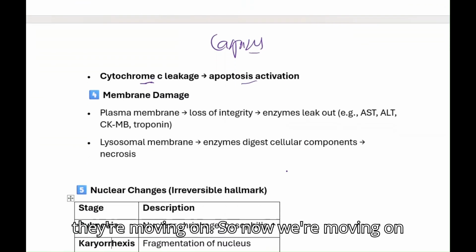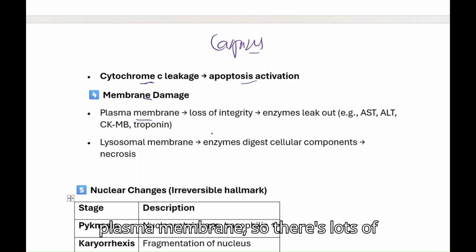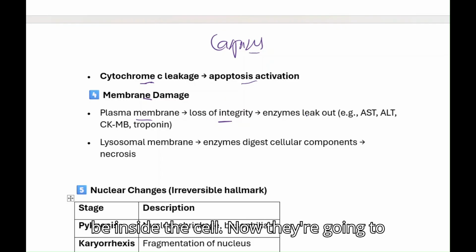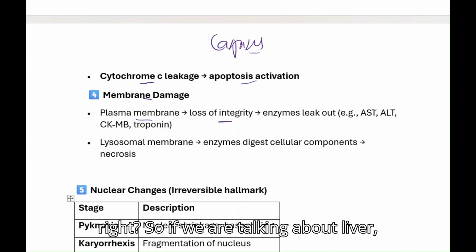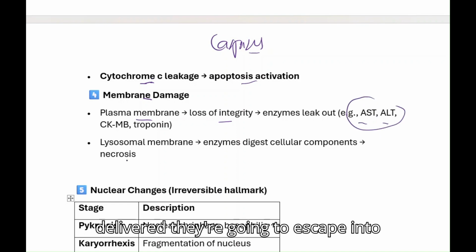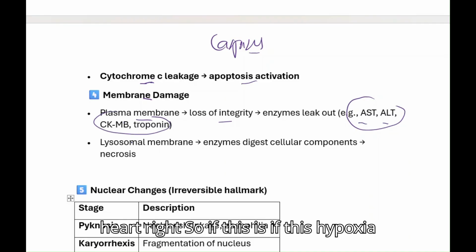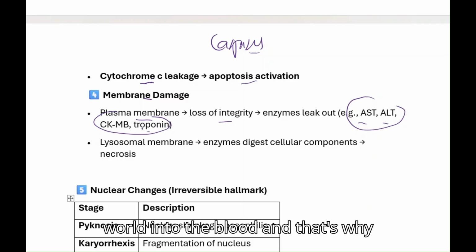And then moving on, so now we're moving on to cellular membrane damage. With the plasma membrane, there's loss of integrity, and enzymes that are supposed to be inside the cell are going to escape into the what? Into the blood, right? So if we are talking about the liver, those AST, ALT that are in the liver are going to escape into the blood. If you are talking about the heart, if this hypoxia is taking place in the heart, those CK-MB and troponin are going to escape into the blood.